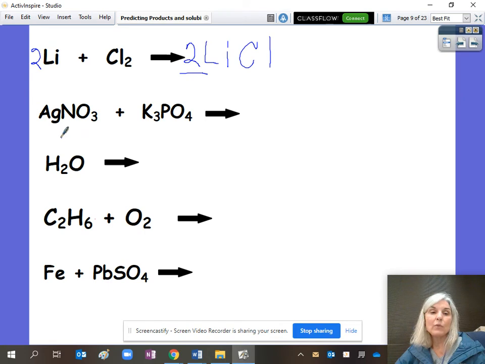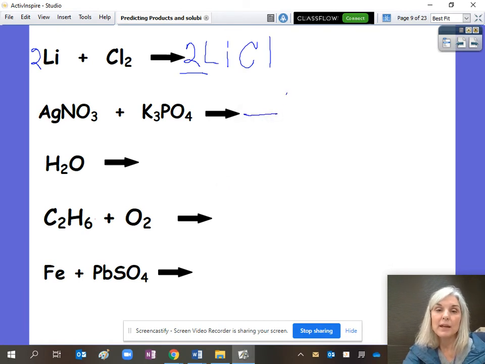All right, now we have a compound plus a compound. It's really not a way to put all that together. So probably this is a double displacement. So since it's a double displacement, I'm going to draw my line and put my negative again, plus draw my line and put my negative.